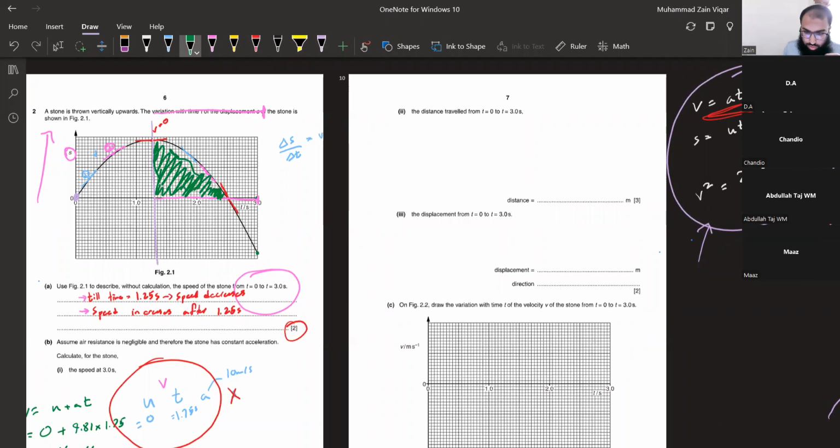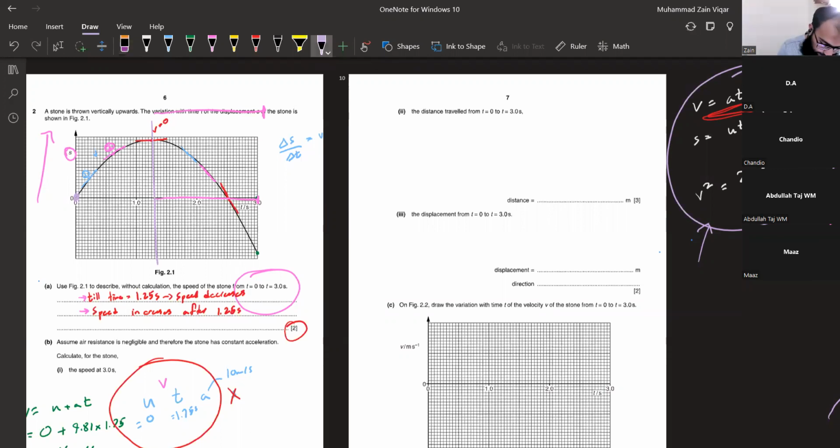This whole region is the same as this region. All these velocities are the same, and these displacements are the same. The displacement traveled in this region and on the left are both the same. Now, what I need to find is this displacement.